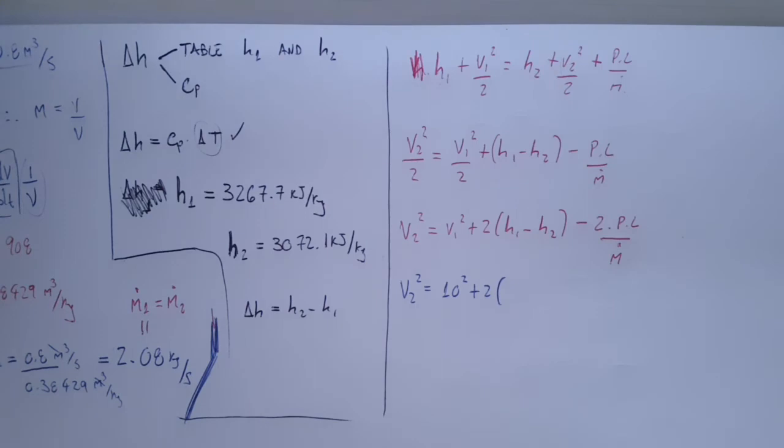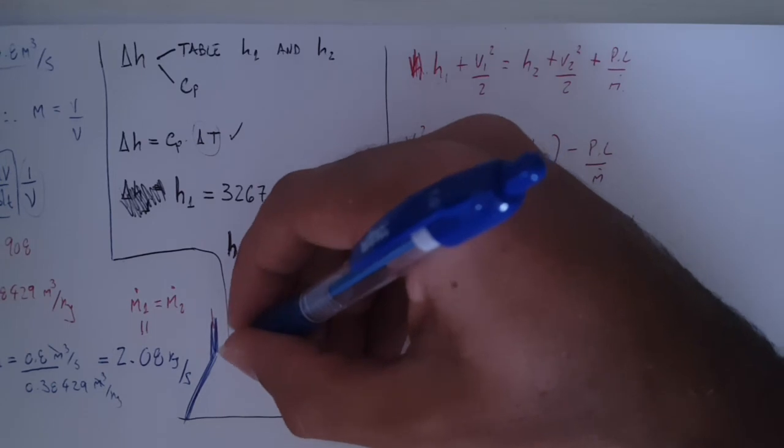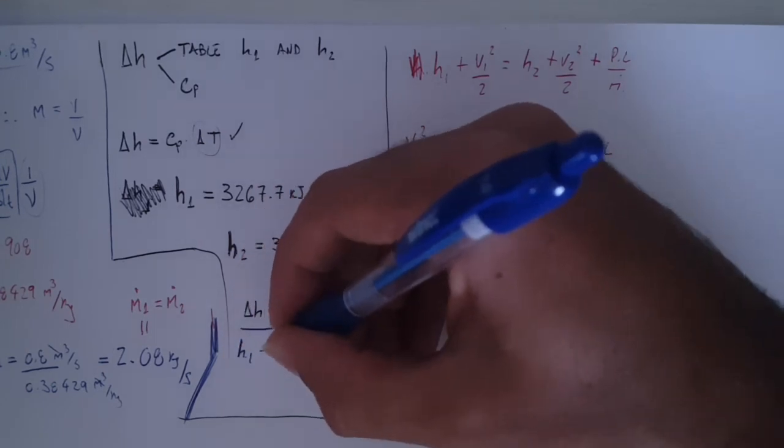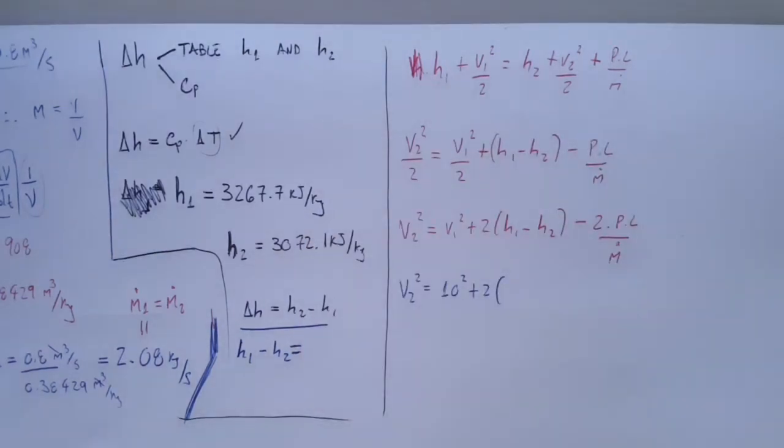Let me just grab my calculator. Okay, so watch out because I'm going to flip these two. So my H1 minus my H2 will be, let's see, 3072.1 minus 3267.7.